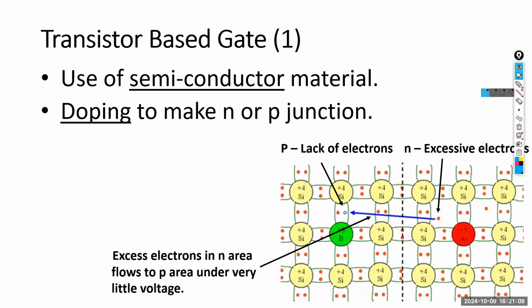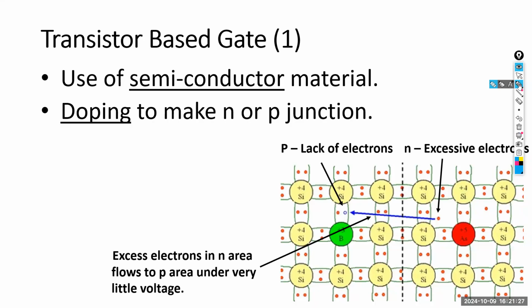So what is meant by semiconductor? A semiconductor is in between a conductor and an insulator. Not as good as a conductor, but not as bad as an insulator when it comes to electricity flow.